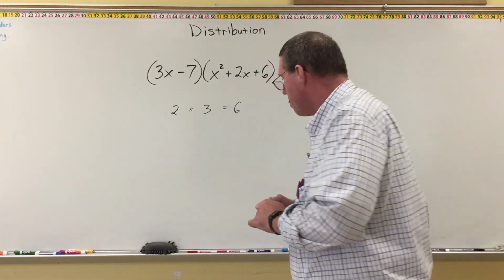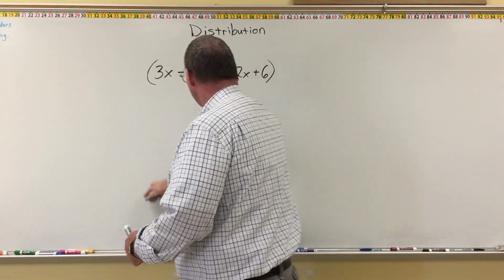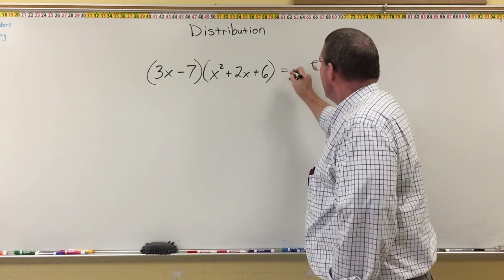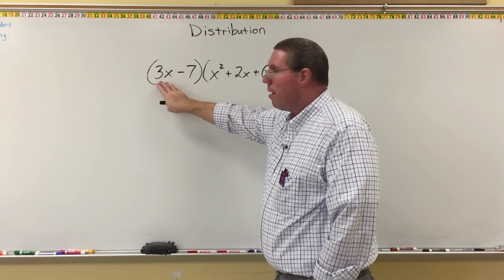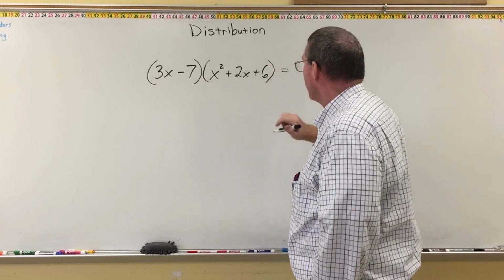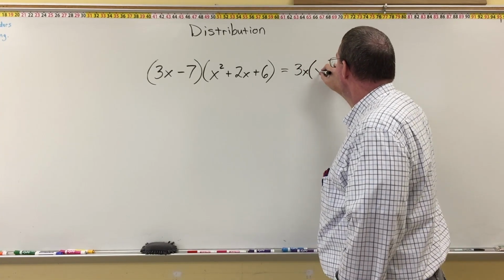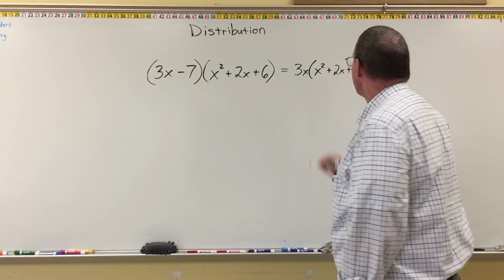Let's try this out. Can we do both of the two different techniques on this? We sure can. Look at this. We know we have to multiply the 3x by the entire expression, so over here we can put 3x times x squared plus 2x plus 6.